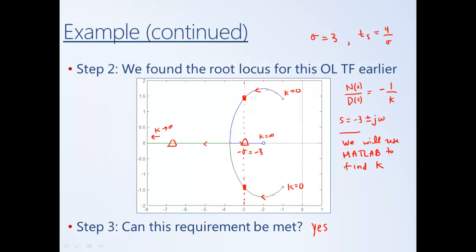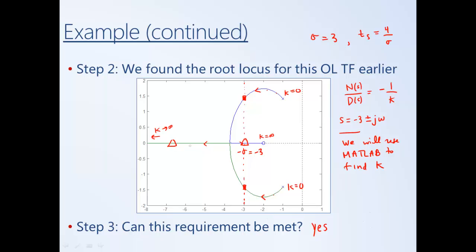So in this instance, we'll have one pole with a real part of -3, but we'll have another pole that has a real part that's not -3. However, if you recall that the slower pole dominates, this pole is slower. The pole with the smaller real part is slower. So this pole will dominate.